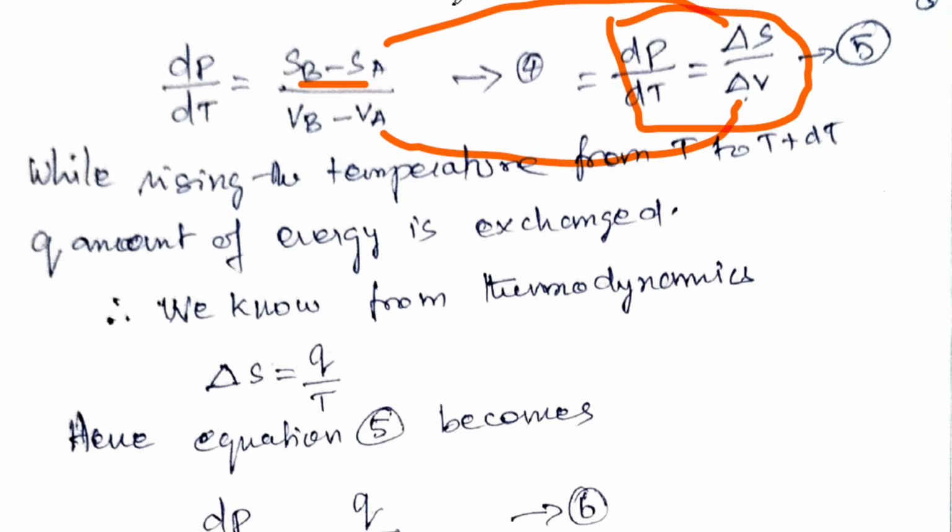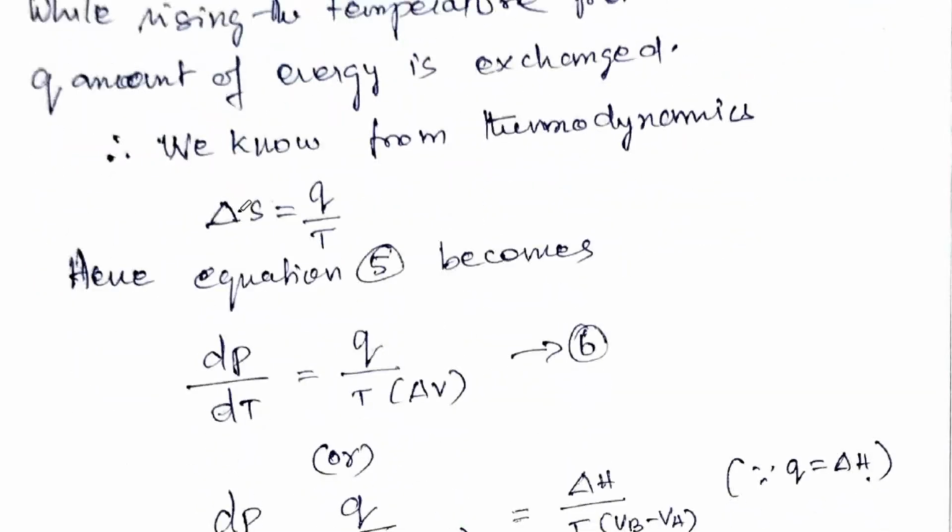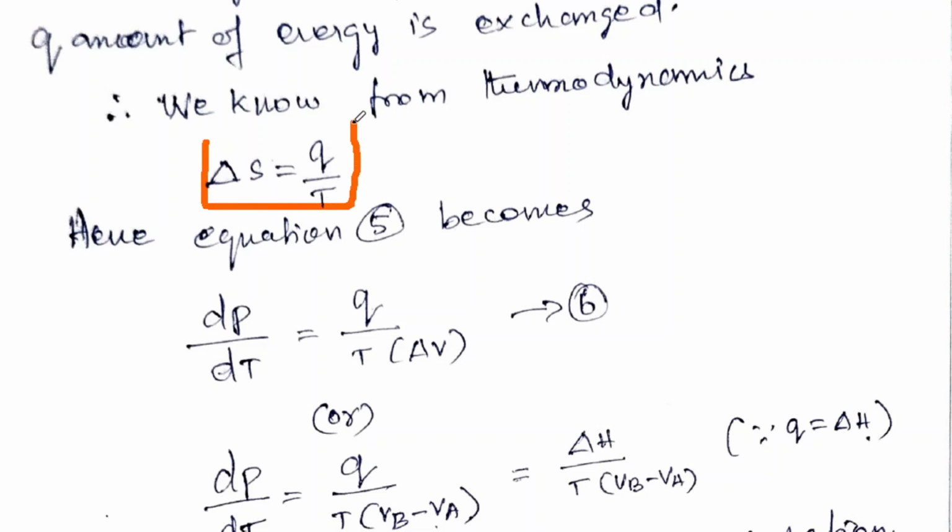While raising the temperature from T to T plus dT, a Q amount of heat, that is energy, is exchanged. And we know from thermodynamics that delta S is Q reversible by T, from the second law of thermodynamics that we have already known, and we substitute this value in the delta S here.